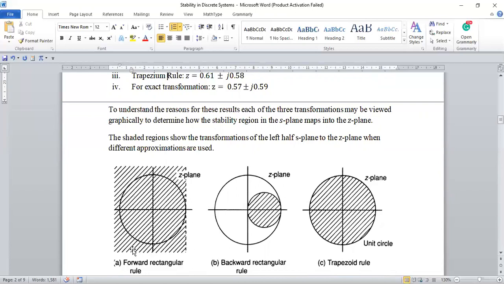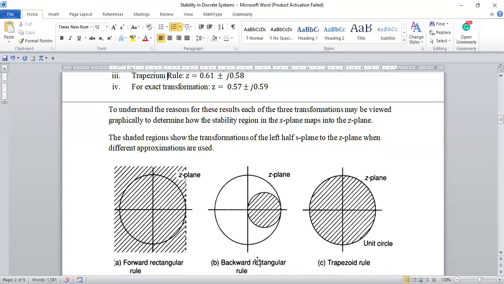And for the forward rectangular rule, if you're in the S-plane, you might have a stable pole, but when you translate it into the Z-plane, it's not guaranteed that you will still be stable because of these regions outside the unit circle that the forward rectangular rule covers, which is unstable.